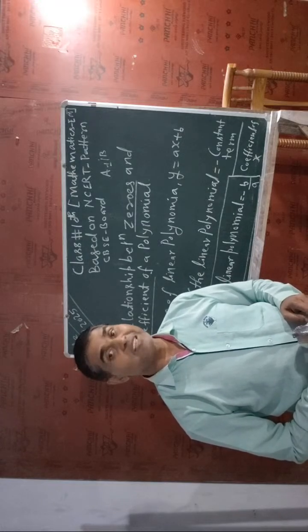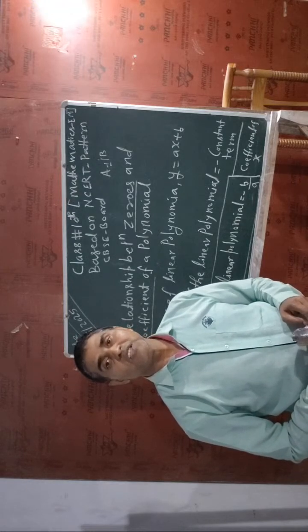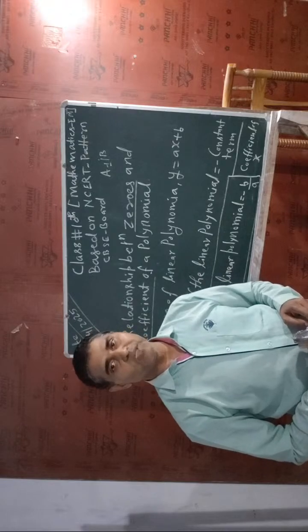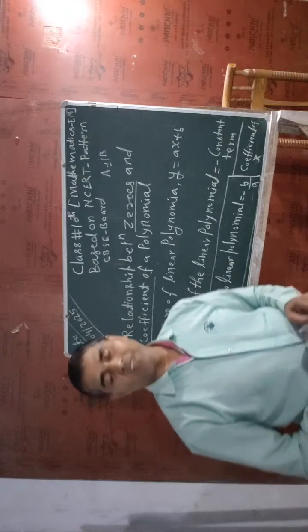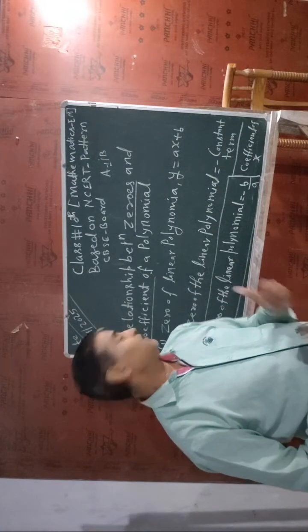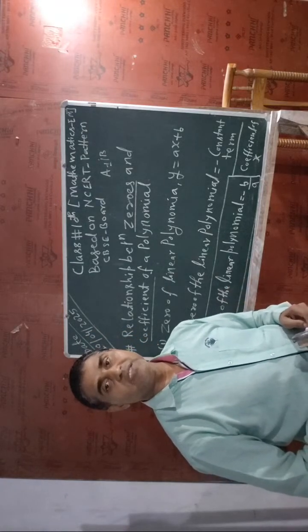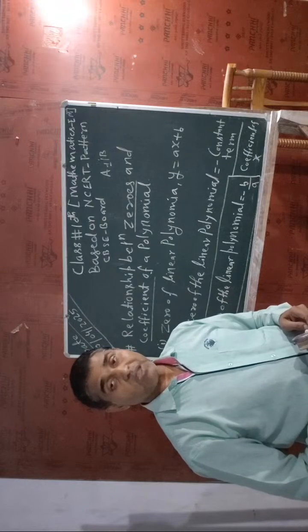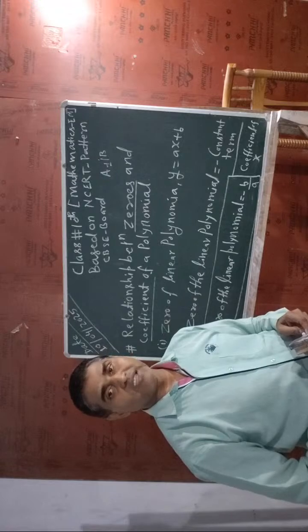In other words, minus b divided by a will be the zero of the linear polynomial. So this is important, and some questions are asked on this concept, and we will use it in the textbook where questions and numericals are available.